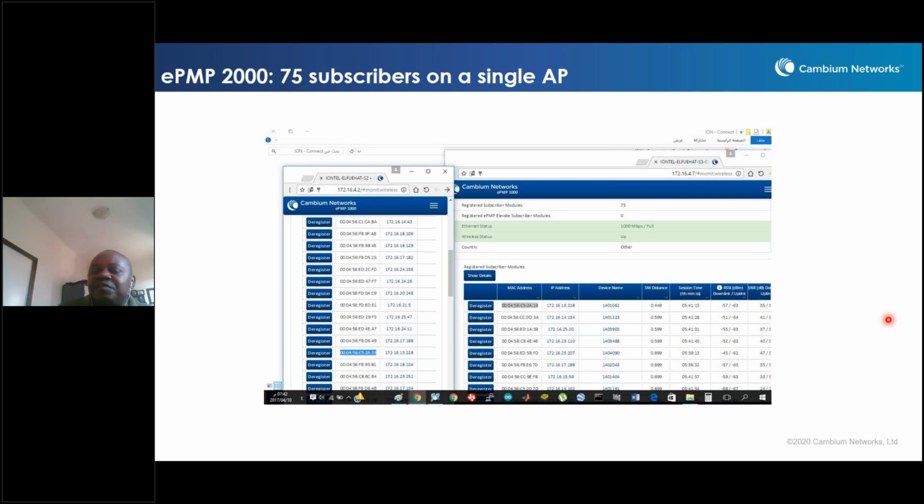So when we say an AP can handle 120, we really mean 120. So this is a typical AP in the IonTel network. You can see registered subscriber modules, 75. And you can see the table down below with the MAC addresses and IP addresses of the 75 subscribers.